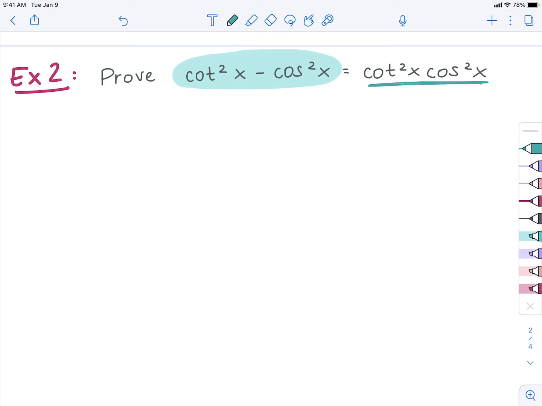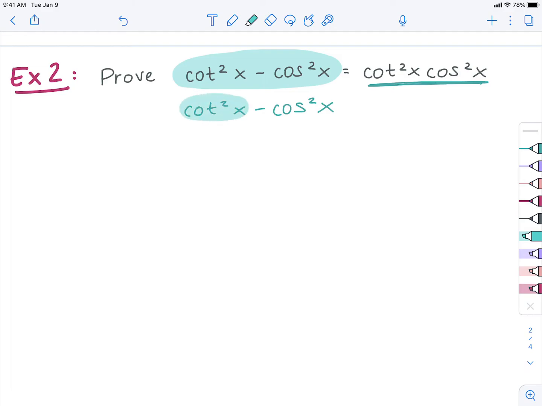So I want to change cotangent squared x to be in terms of sine and cosine. Because the first thing I want to do, when I'm working with just cotangent squared x minus cosine squared x, is change everything to be in cosine or sine.